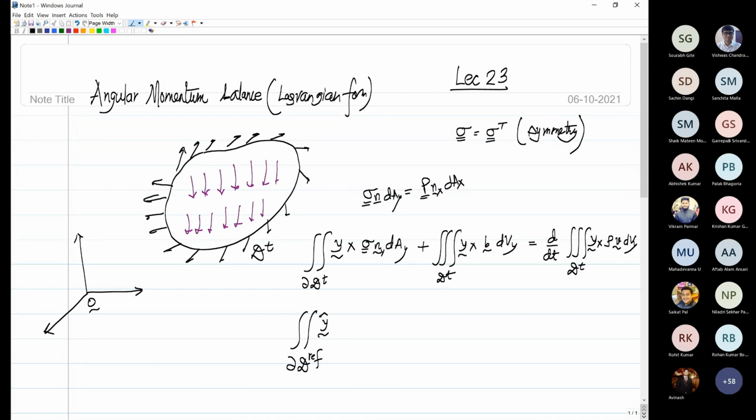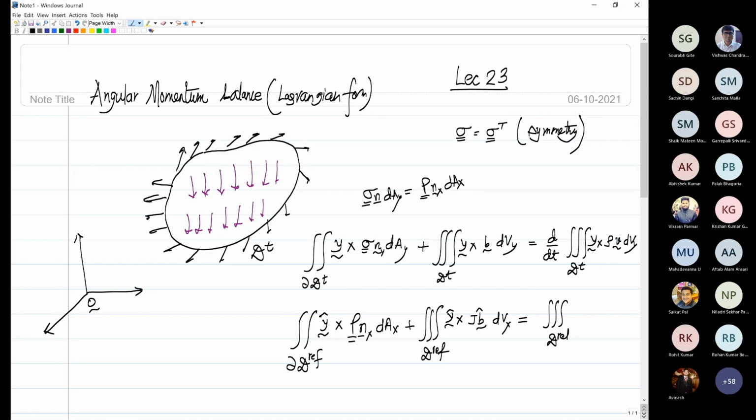So you have y hat cross P nx dax. And then the second integral is quite simple, which is y cross J b dvx.